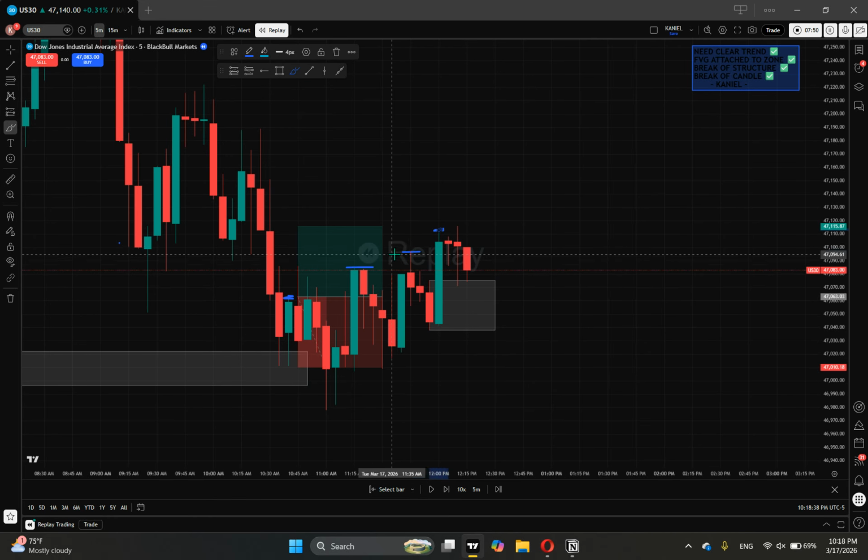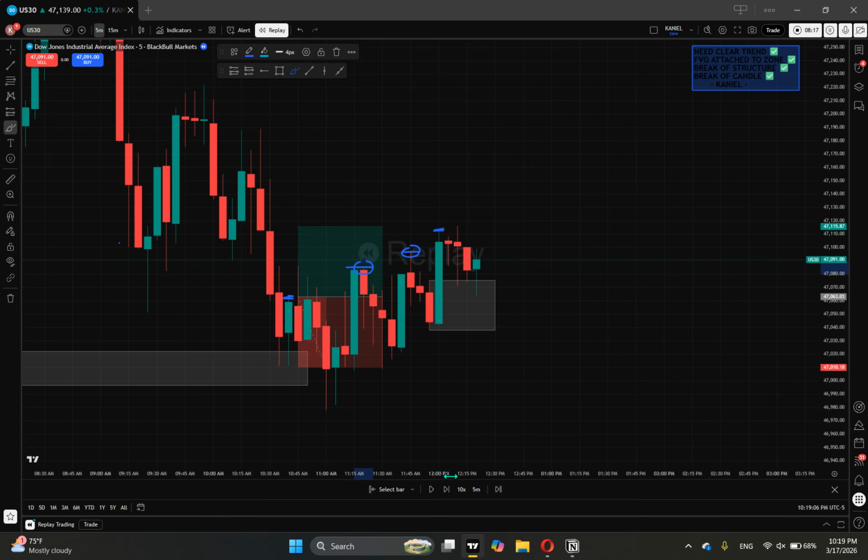So that high broke above this high, and it also broke above this minor high. So price broke above two minor highs before coming back into the zone. And we also got great rejection. So it would be like a B setup since it's minor highs that were being broken.